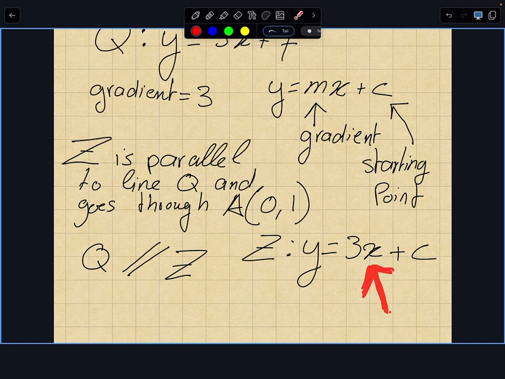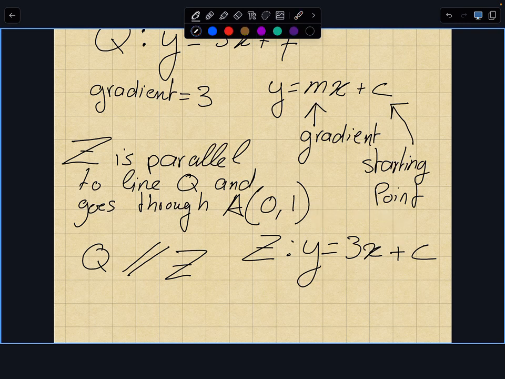So if I place 0 here, 3 multiplied by 0, it should pop out the answer of C. Wait a second, it is given. So when x is 0, y equals 1.